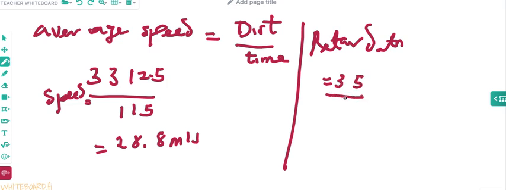The time it used to retard, according to the question, was 20. So the retardation is going to be 7 over 4, which is 1.75 meters per second squared.